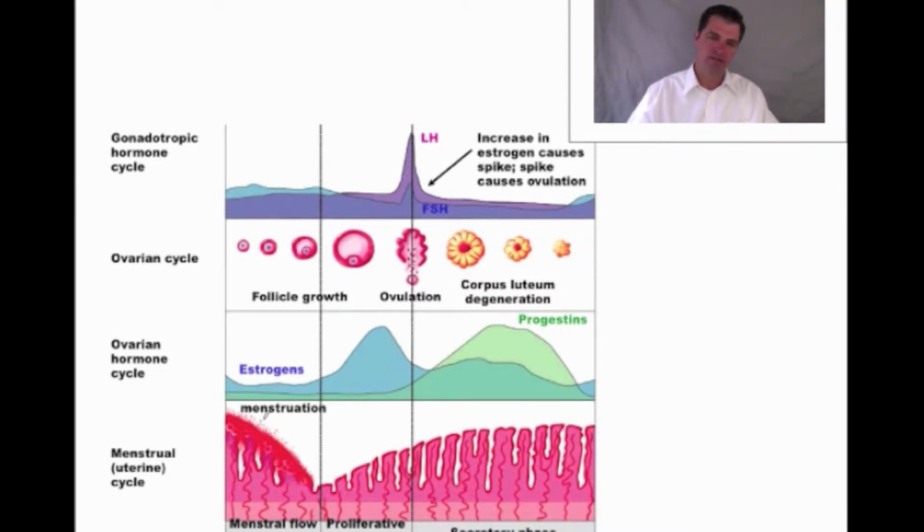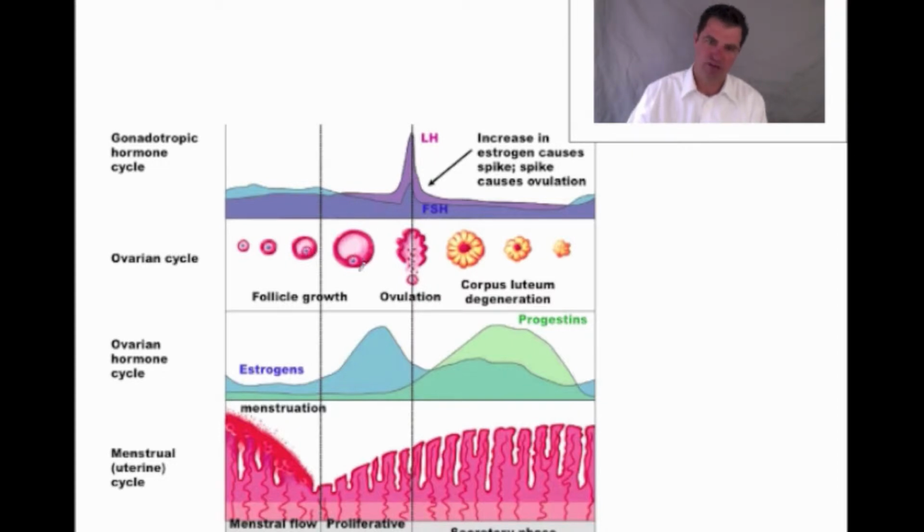But what ends up happening is at the end of menstruation, the last day of menstruation, the LH and FSH levels are low. As they remain low, the LH will cause the release of estrogen, the increase in estrogen, and a little bit slower than that, the FSH will cause the follicle to develop.